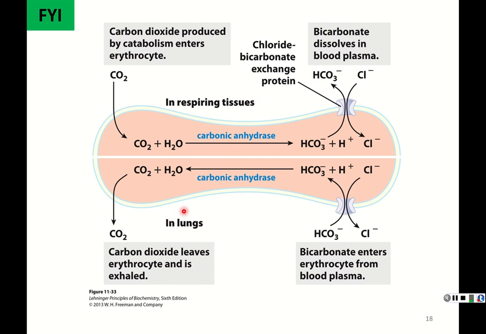In the lungs, the relative concentration of CO2 is very low, and so the reaction goes in reverse. Bicarbonate can come into the blood cell. Carbonic anhydrase then does the reverse reaction and converts it back to CO2. CO2 then diffuses out of the blood cell, and out in the lungs, you can breathe it out.